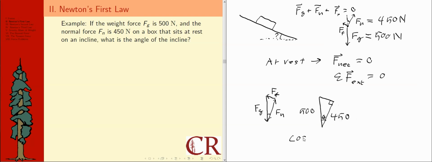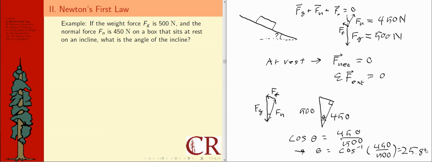That means the cosine of that angle must be equal to 450 over 500, which suggests that the angle would be the inverse cosine of 450 divided by 500. Now let me get my calculator. That gives me 25.8419, etc., but I can just round that off to 25.8.